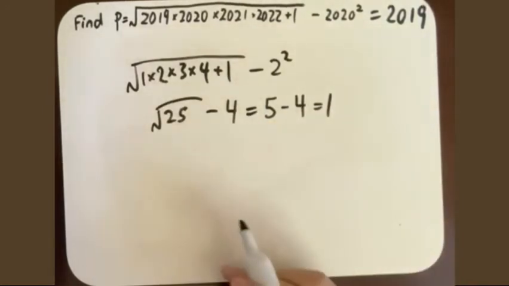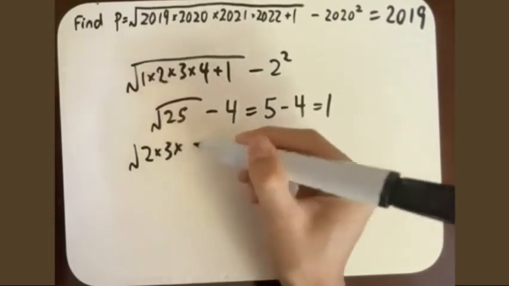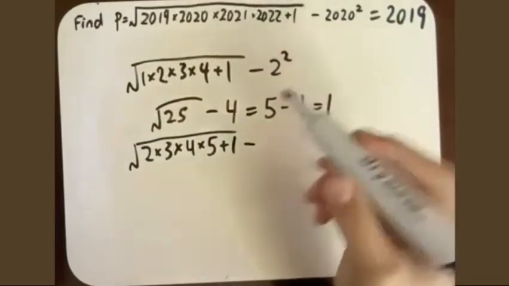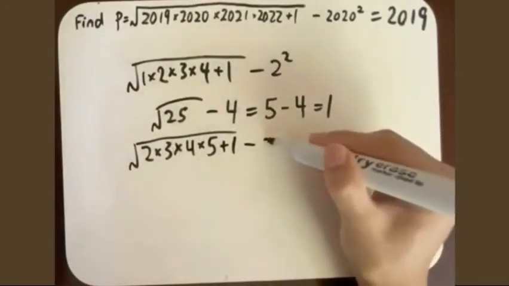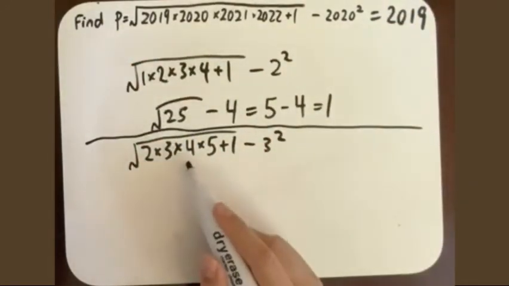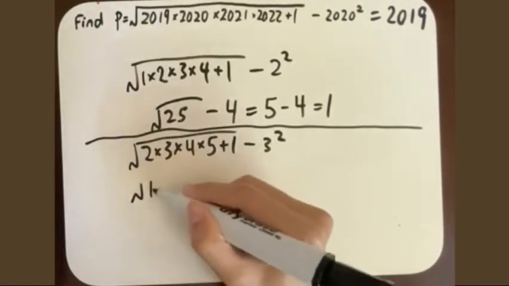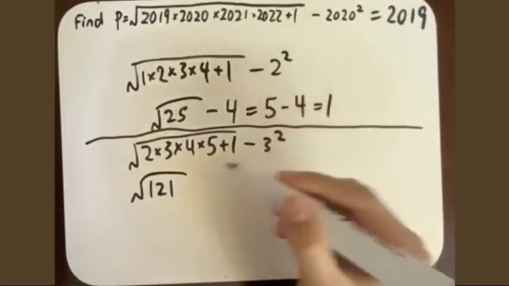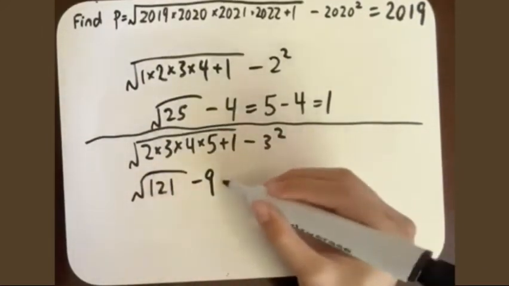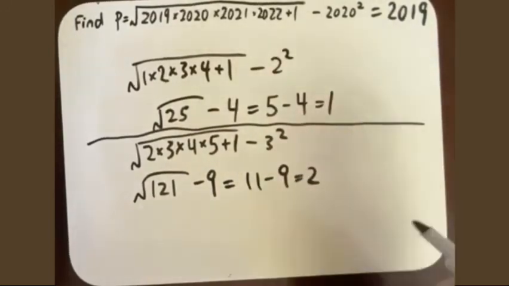Let's try that again with 2, 3, 4, 5. 2 times 3 times 4 times 5 plus 1, square root of all that, minus 3 squared. 2 times 3 times 4 times 5 is 120, plus 1 is 121, minus 9. 121, the square root of that is 11. So 11 minus 9 equals 2, which is 3 minus 1.